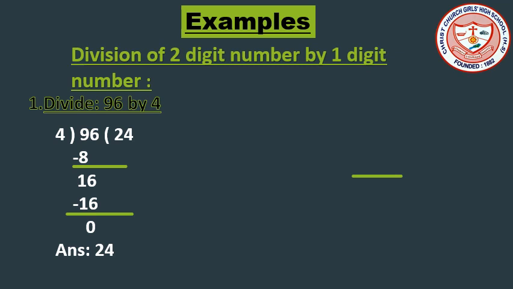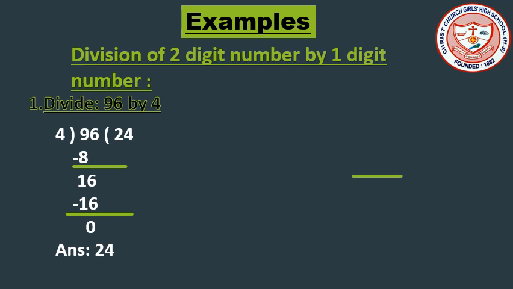So now we are going to divide 9 tens by 4. Here we know that 4 twos are 8 and 4 threes are 12.